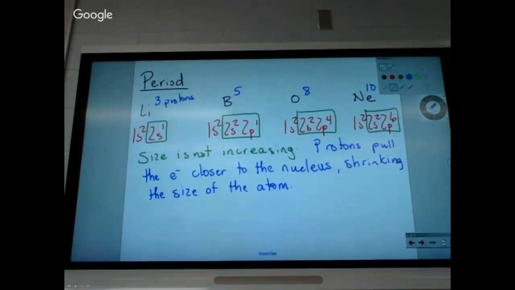So in question 1, you should have told me the size decreases. Now, if you told me anything about shielding, or positive proton pull, or anything like that, I will give you credit in number 1.